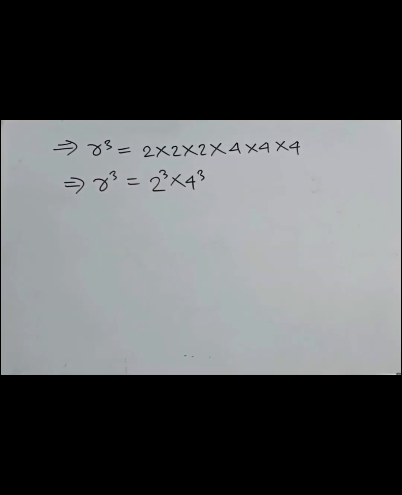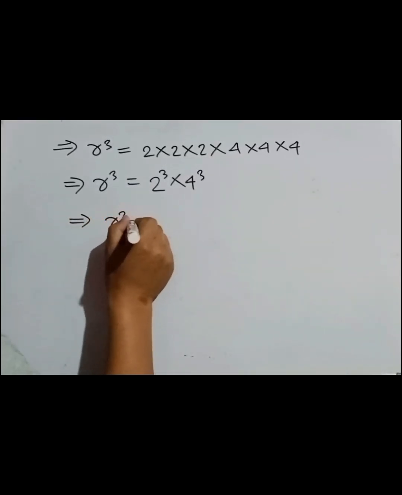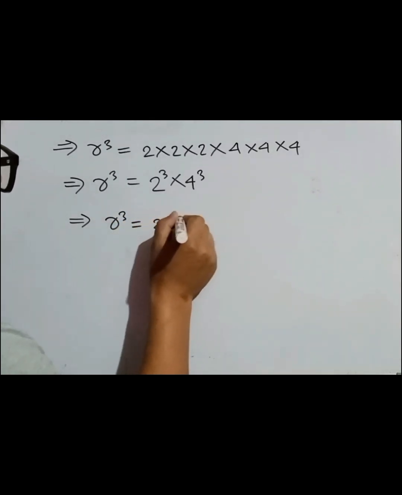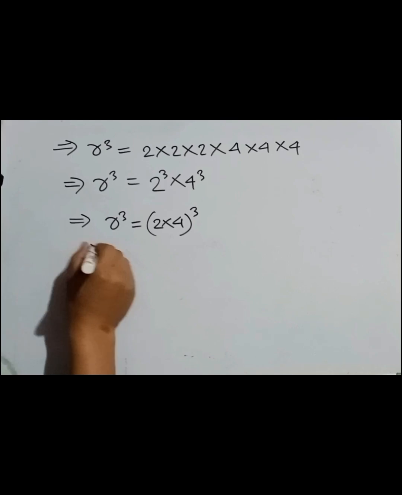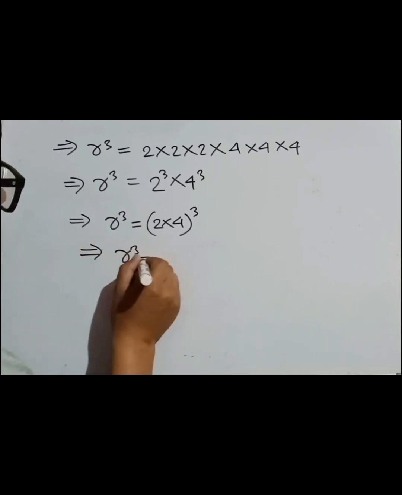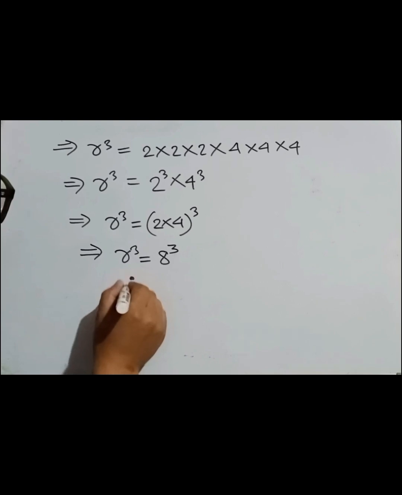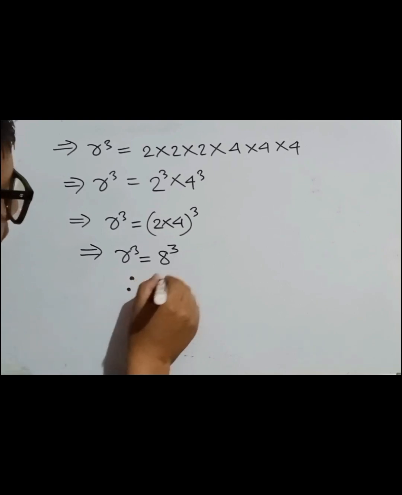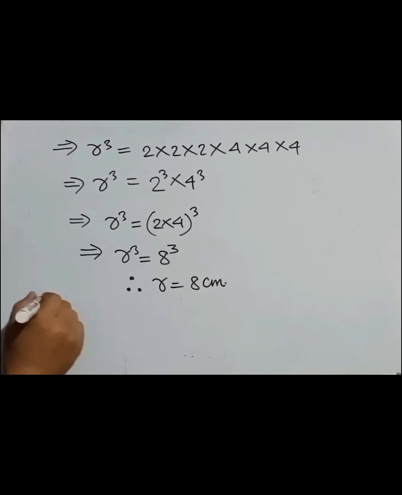This gives r cube is equal to 2 into 4, whole cube, and r cube is equal to 8 cube. We can cancel the powers on both sides, and this gives r is equal to 8 centimeter.